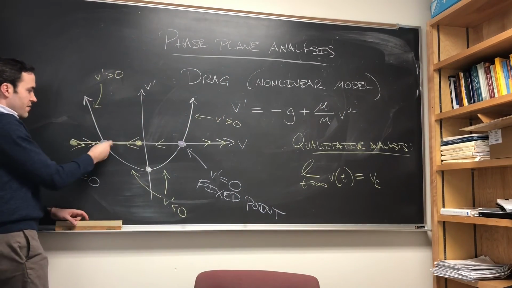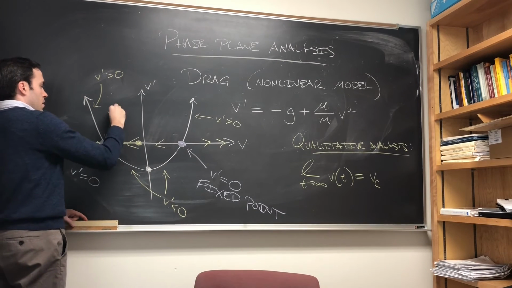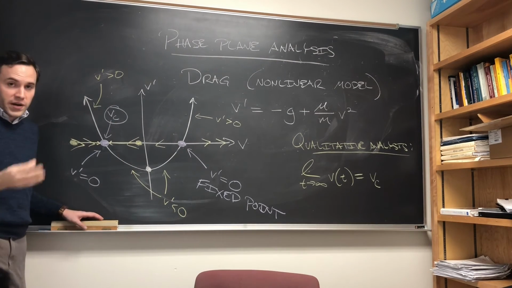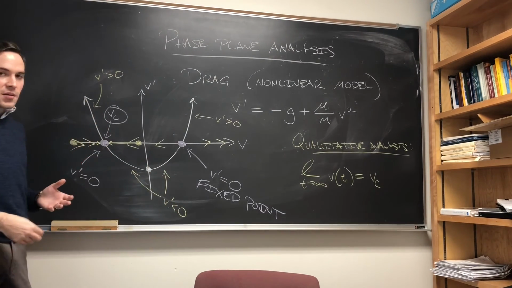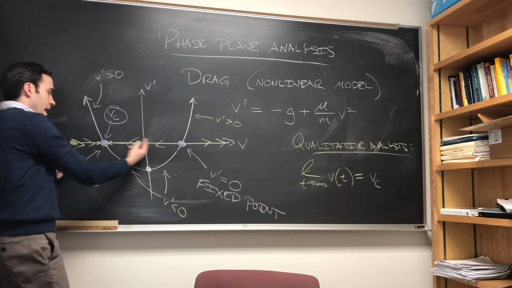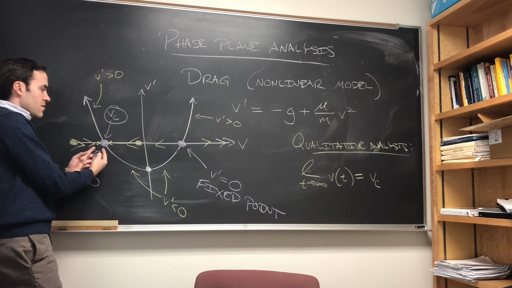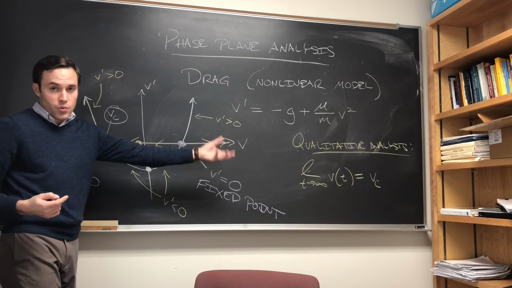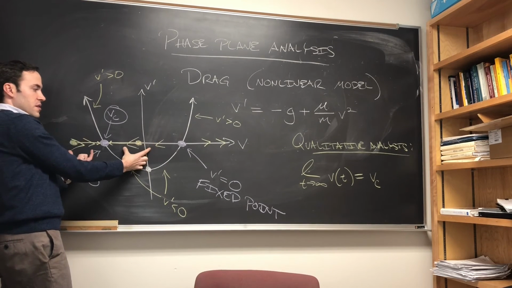Whatever velocity corresponds to this purple point here, call that your critical velocity or your fixed velocity. This is what we're going to call v sub c. Your velocity will asymptote toward this critical velocity. So as t goes to infinity, the limit of the velocity will be this critical velocity, provided that your initial velocity lies in either of these two regions.